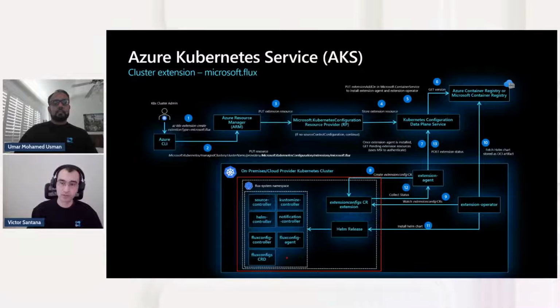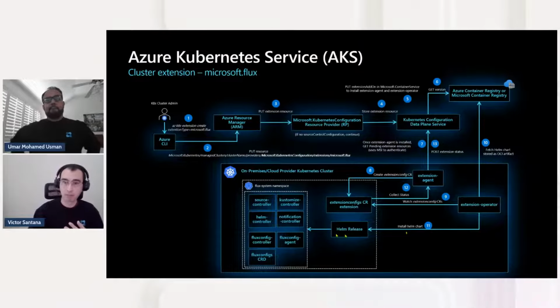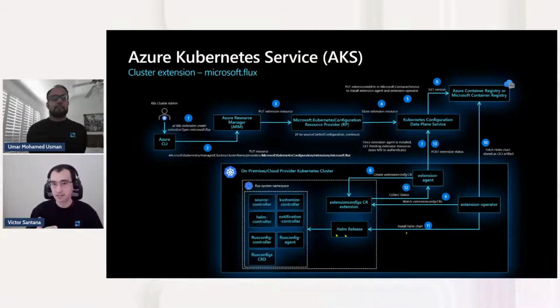Once all the resource definitions get created, the extension operator will deploy Flux itself through Helm. So even if you are familiar with Helm and do helm list to check all the releases that you have on your cluster, you're going to see Flux released, managed by Microsoft as an extension.